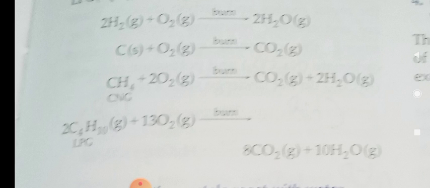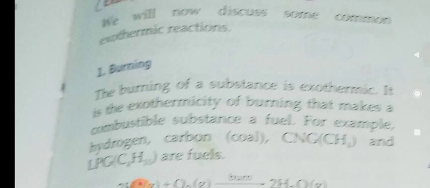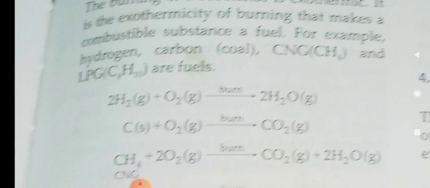Methane, CNG gases, that is fuels, burn with oxygen, and in the presence of oxygen they form carbon dioxide and water molecules. LPG gases and methane gas react with or burn in the presence of oxygen to form carbon dioxide and water molecules. All these burning processes are exothermic, that is, heat is given out.